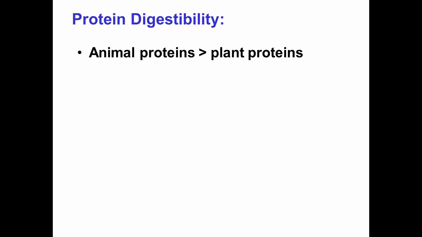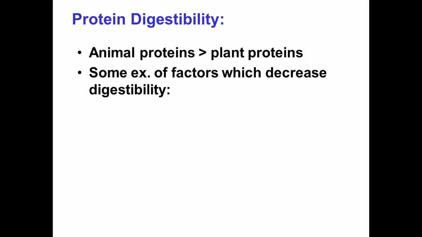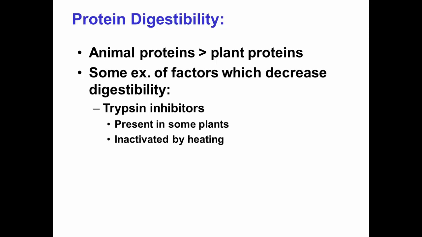So what else about protein digestibility? Animal proteins tend to be better digested than plant proteins, and that's because there are factors in many plants, like trypsin inhibitors. Trypsin inhibitors are present in some plants like soybean, and they're inactivated by heating, which is the good news.